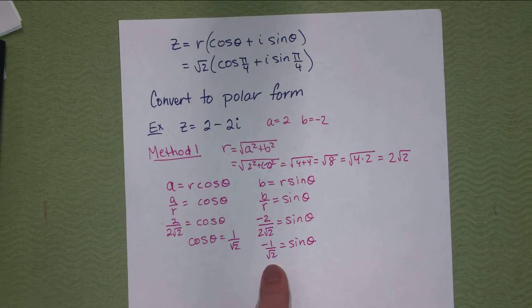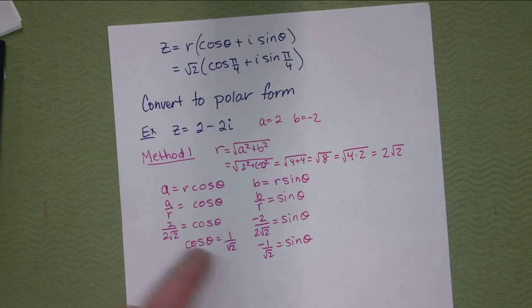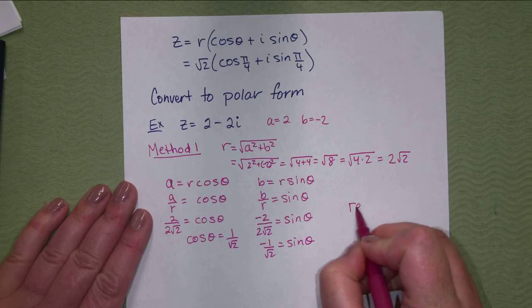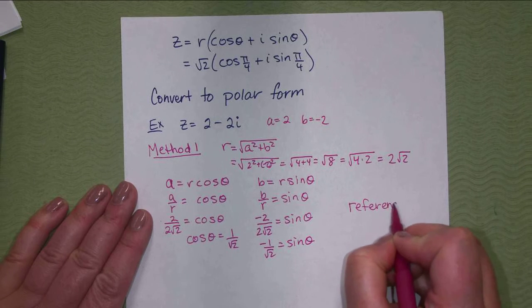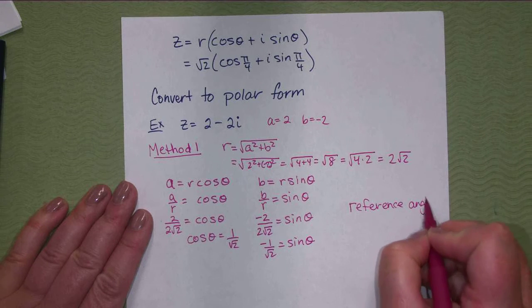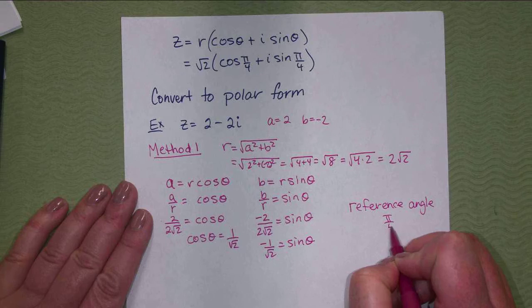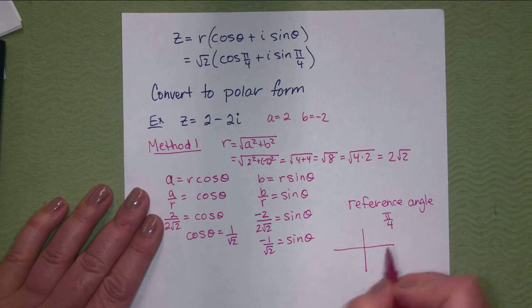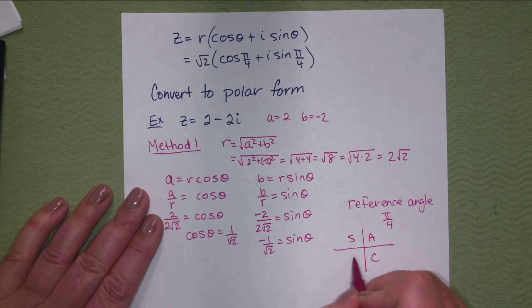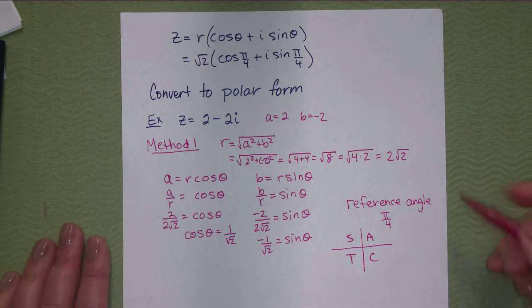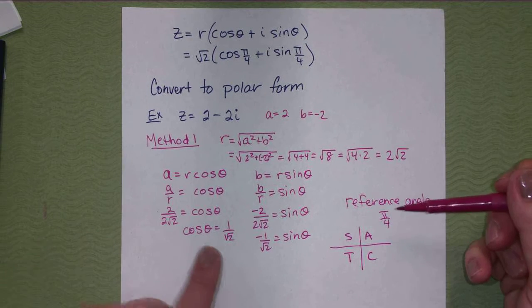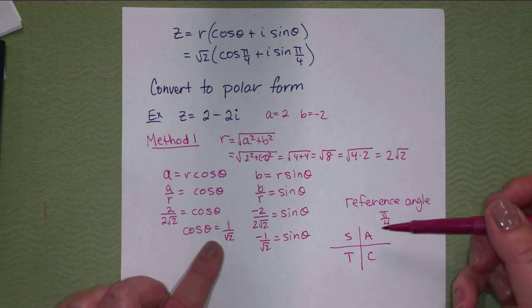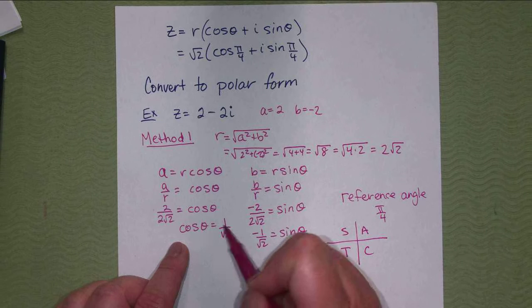So we actually need not pi over 4. That's called the reference angle, pi over 4, if you remember about trig. But the CAST rule says, so we want pi over 4, but we want it in the quadrant where cos is positive, because this value is positive, and sine is negative.